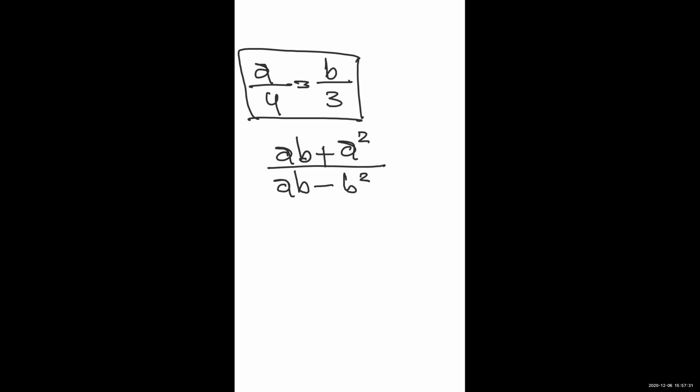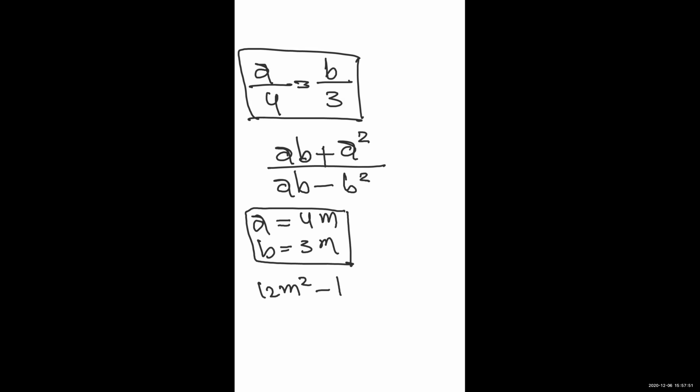A will equal 4m and B will equal 3m. So 4m times 3m is 12m squared, plus 4m all to the power 2 will equal 16m squared, over 12m squared minus 3m all to the power 2, which is 9m squared.